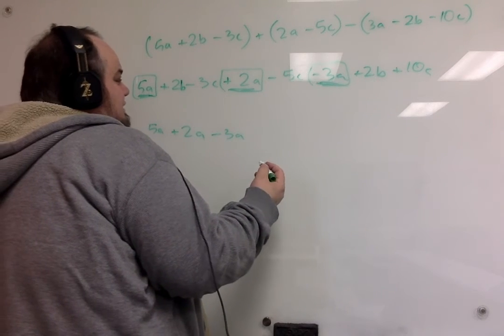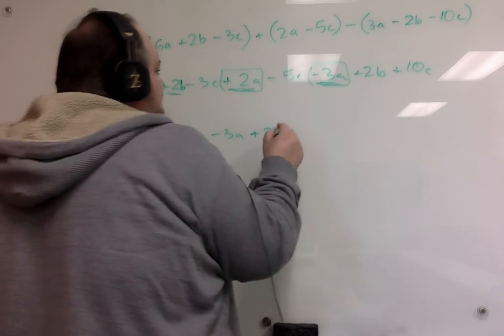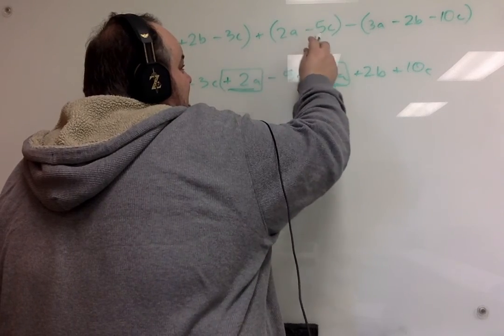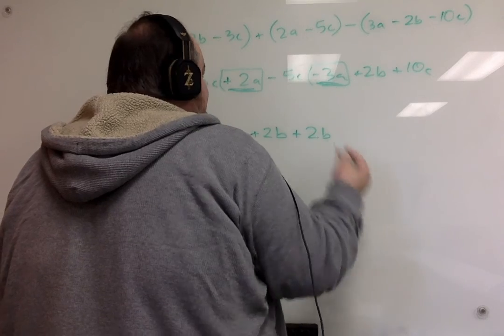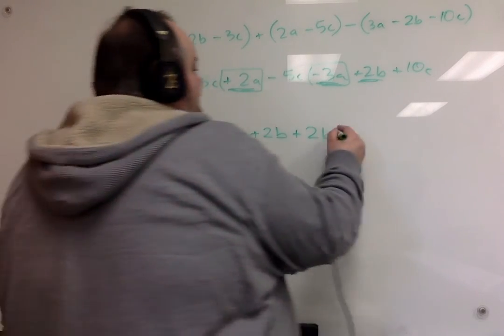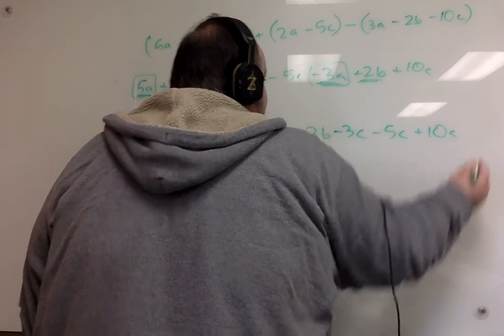All right, so next we have 2b, so plus 2b. There was no b in this middle one, right? It was just a and c. So then we have plus 2b again over here. So we got those, and all that's left is minus 3c minus 5c plus 10c.